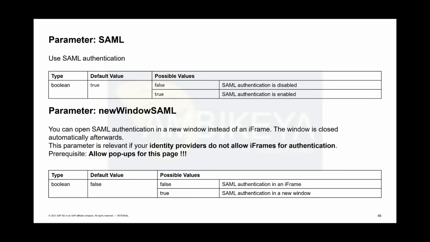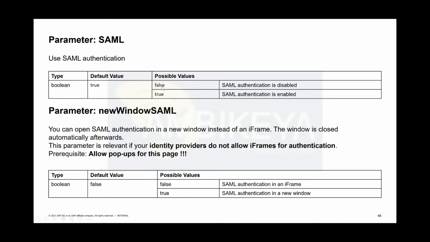Going ahead. SAML: shall Web Assistant authenticate using SAML or not? I used false only once, where they wanted to use it in an authenticated way, but there was no SAML provider yet.